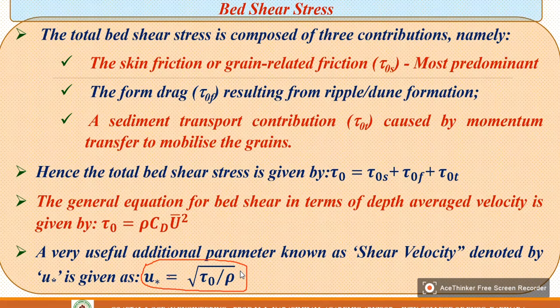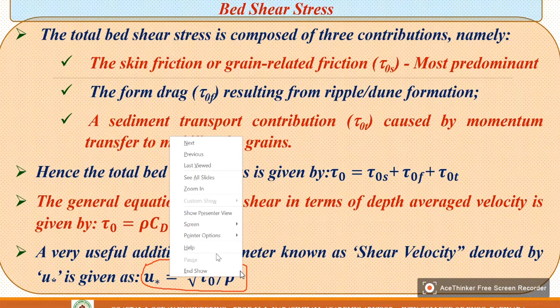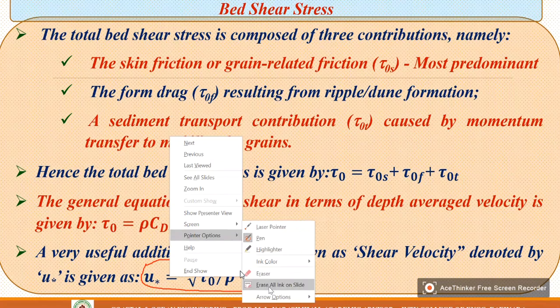So what will be the dimensions of tau naught by rho?